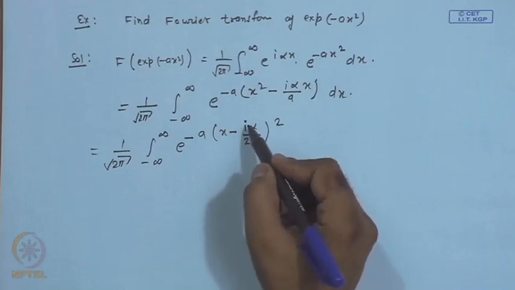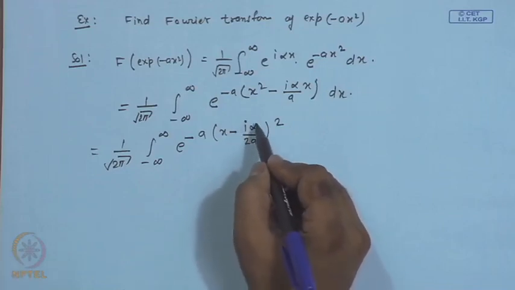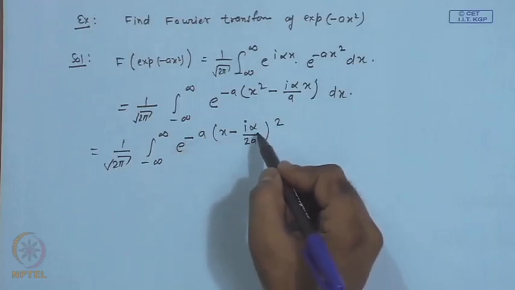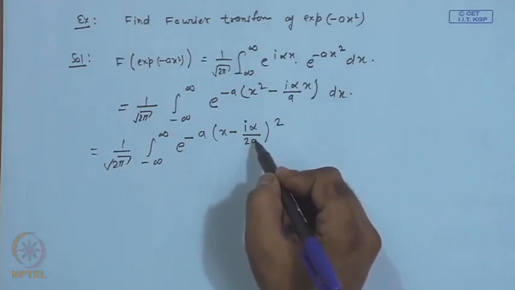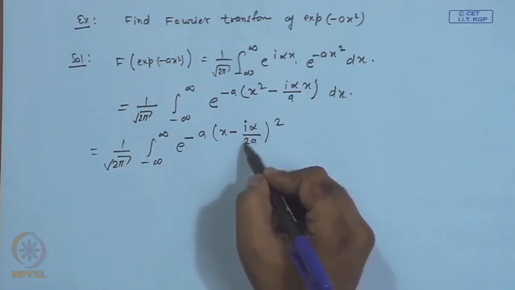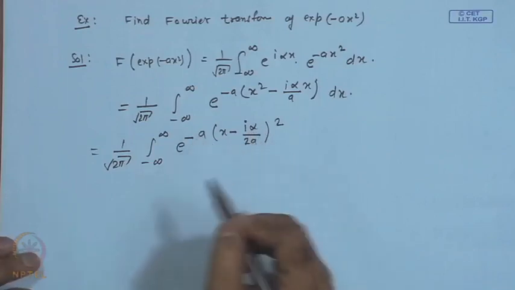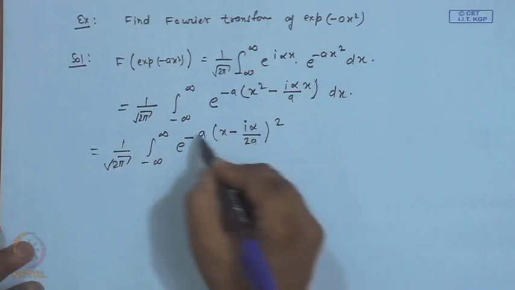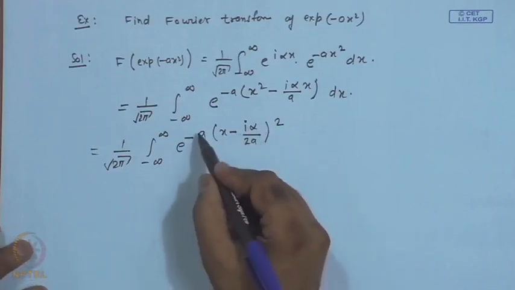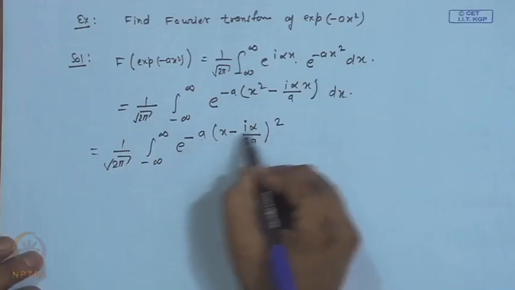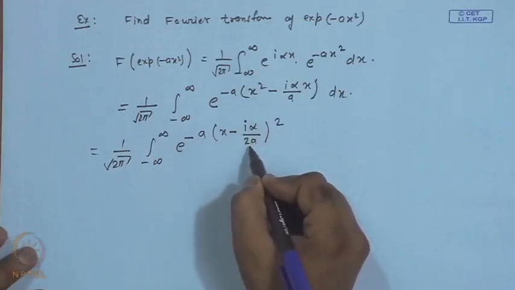So we have i square is minus 1, so alpha square over 2a, and minus was here, so we have plus alpha square over 4a because of the 2a whole square. So with this, 1 a square is cancelled, so we have here the extra term e power plus alpha square over 4a.